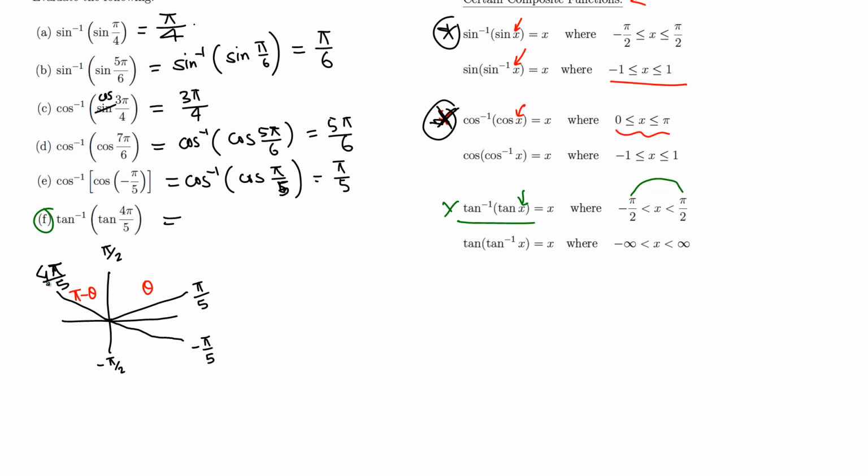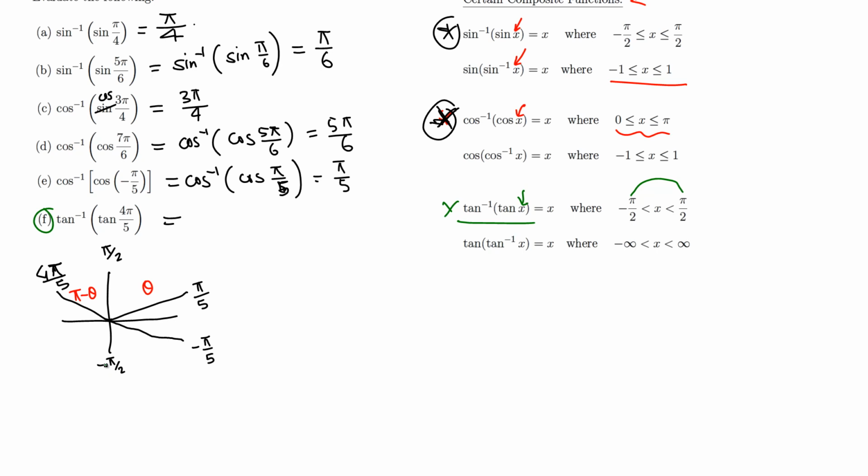It's in the second quadrant, and we know that when we have angle theta, this is pi minus theta, so 4 pi over 5 has the same value as pi over 5 but with a different sign, and tangent is negative here. Tangent has a negative value here and here, so 4 pi over 5 is the same as negative pi over 5.